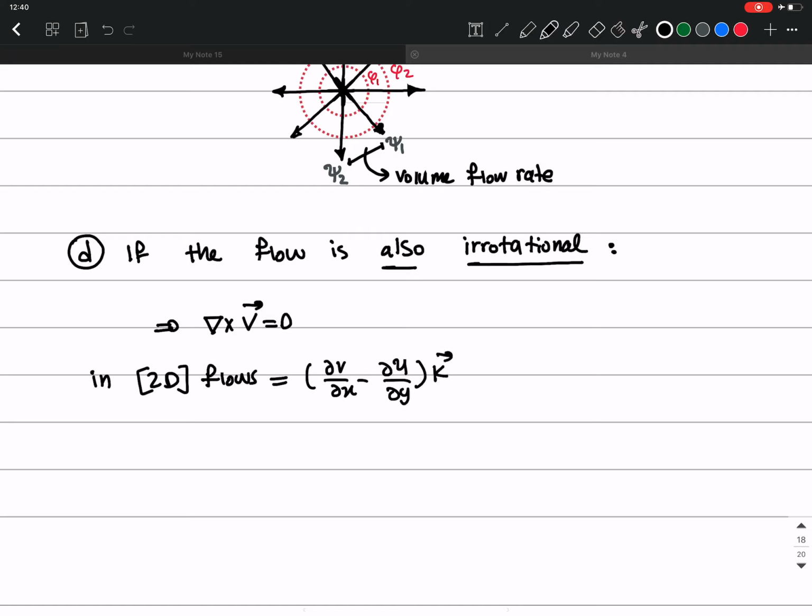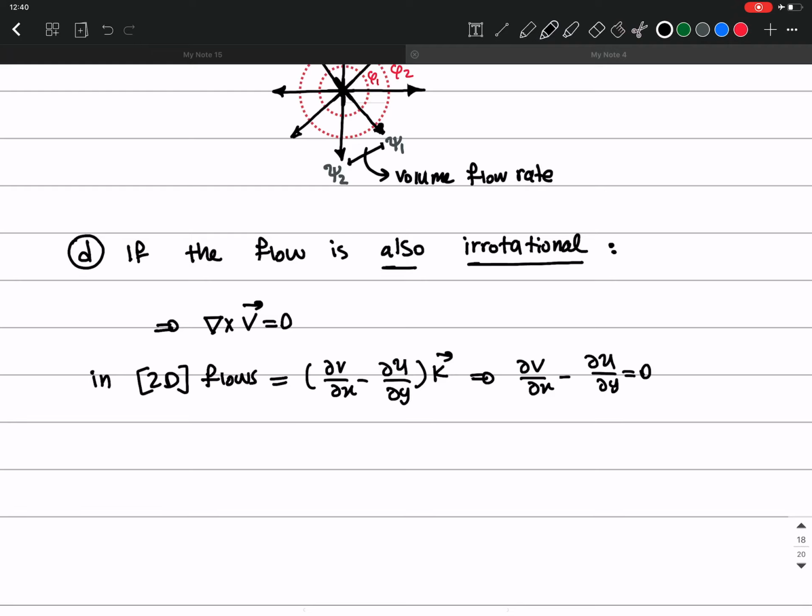This is the only component of that. So this has to be 0. So partial v over partial x minus partial u over partial y should be 0.